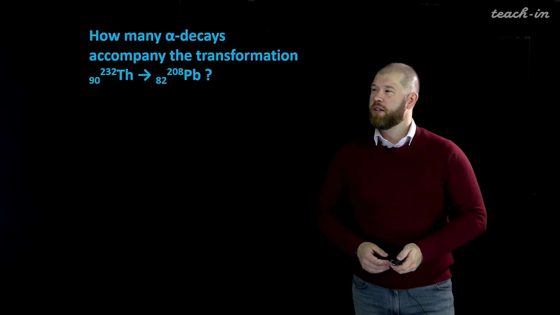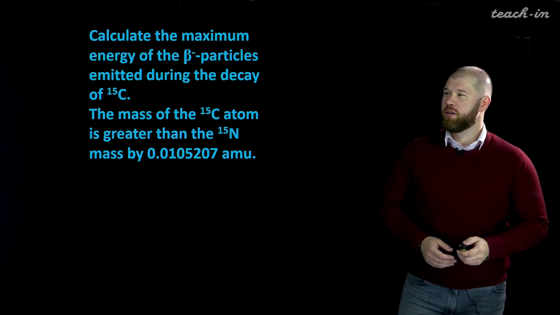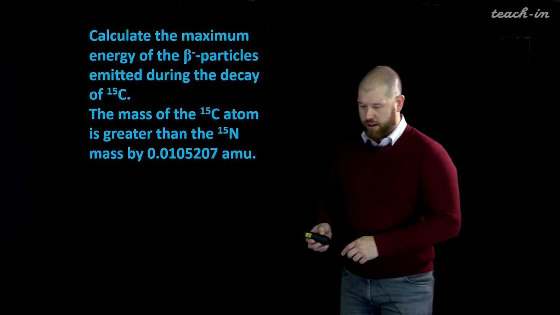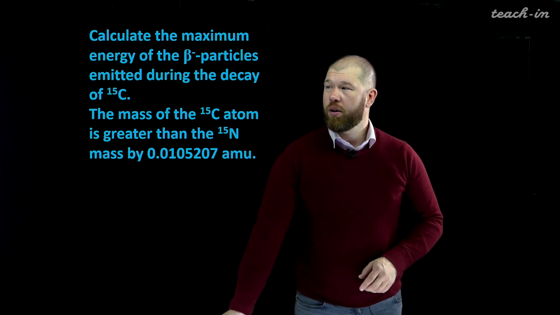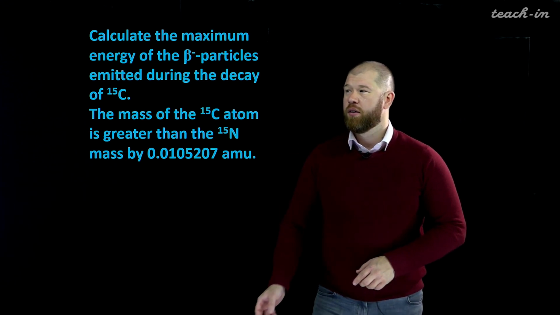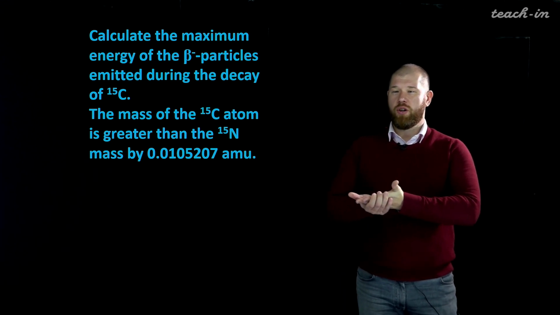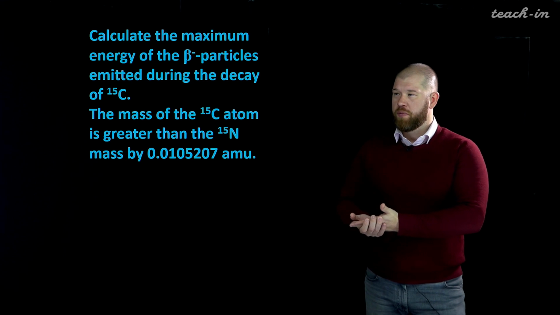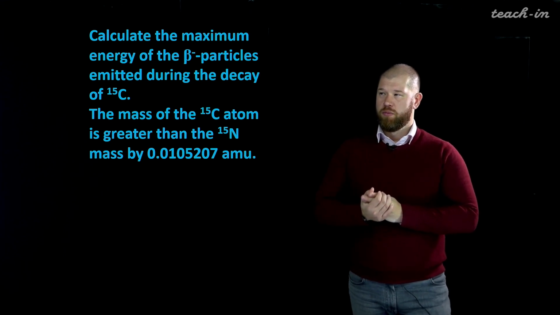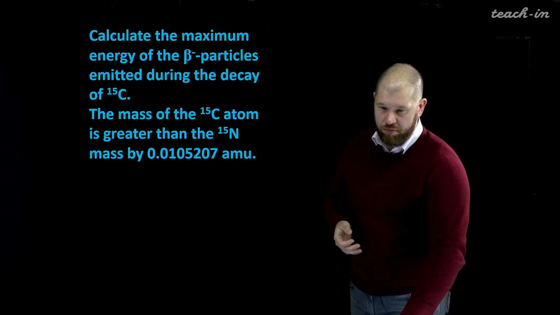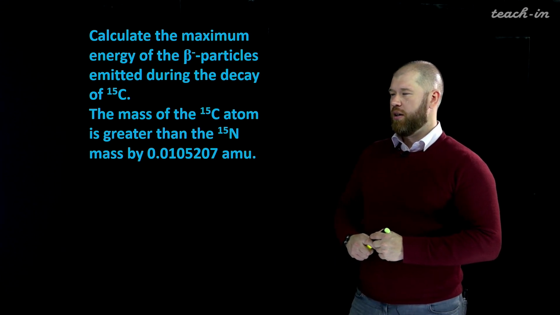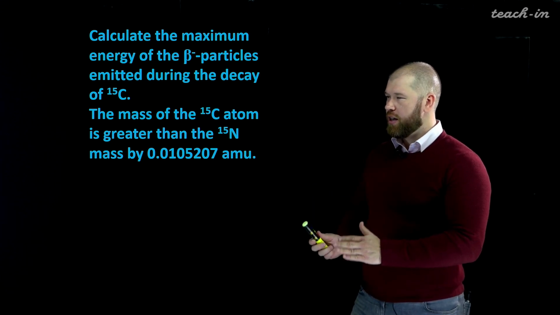So that was the first task, the second task, and now the third task. We should calculate the maximum energy of the particles released during the decay. To do this, we can simply estimate for beta decay.